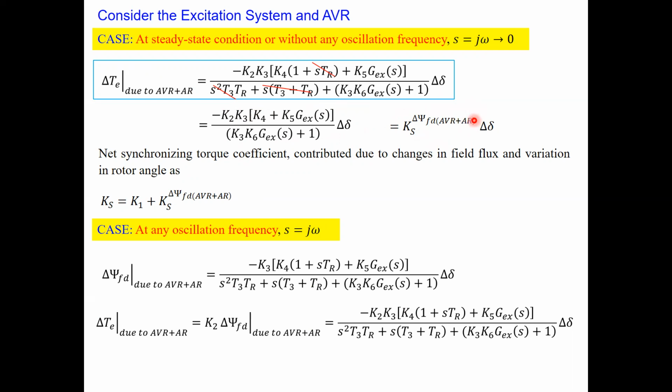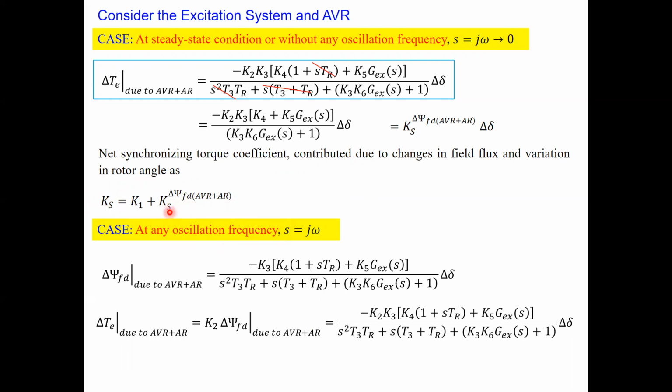So this is different now. Earlier we didn't have the excitation system, and we had the synchronizing torque coefficient because of AR only. But now when you have the excitation system, it is this term, which is actually the synchronizing torque coefficient with AVR and AR. Then we can write the net synchronizing torque coefficient in this way, because we have the K1 into del delta. So this is the net synchronizing torque coefficient now. This is just the modification we are discussing actually.